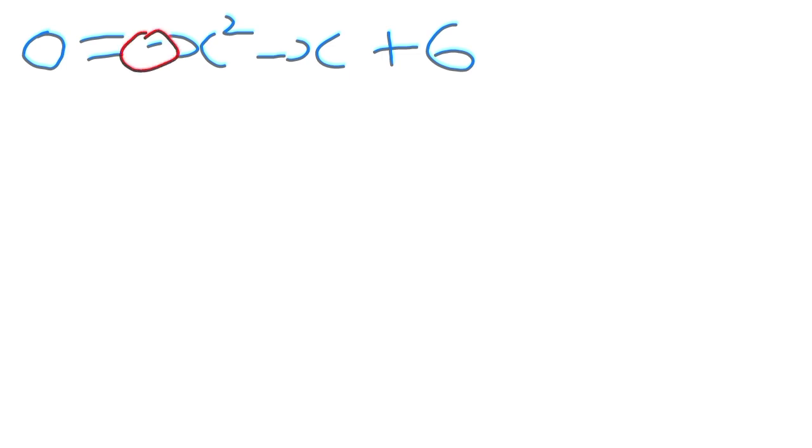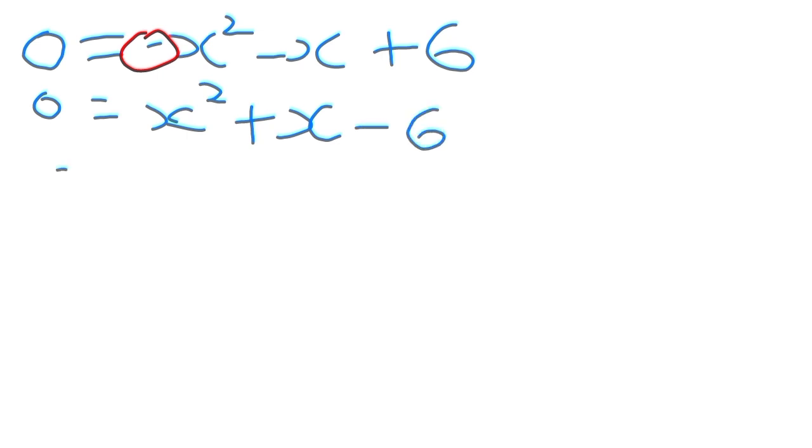We divide all over by negative 1. So we're going to have 0 equal to x squared, plus x, minus 6. So good people, then we factorize this equation here.